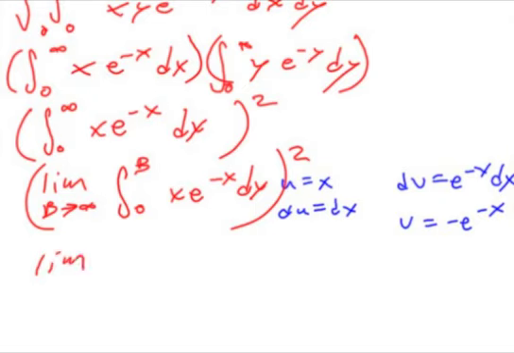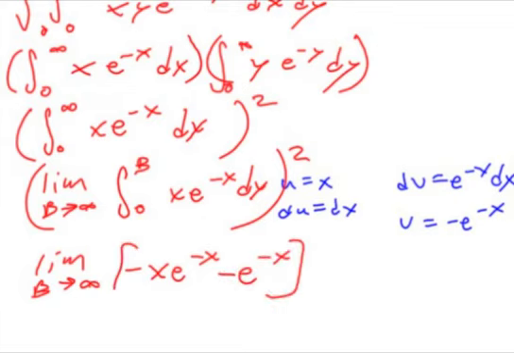We get the limit as b goes to infinity of negative x e to the negative x minus e to the negative x, from 0 to b, and again the whole thing squared.